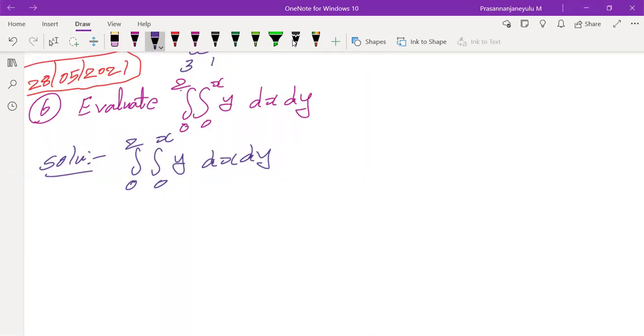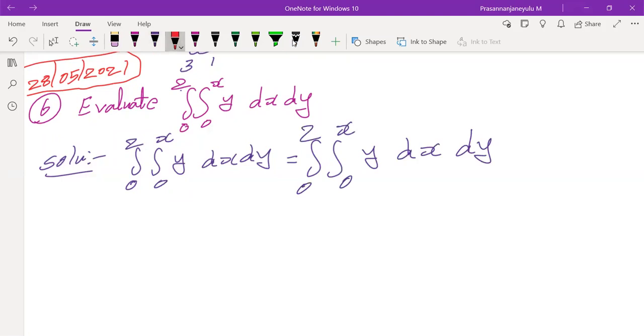Then we have to treat these as the limits of which variable? Y variable. So double integration of y into dx into dy. The interior limits are varying from 0 to x and the exterior integration limits are varying from 0 to 2. Again, on the interior integration the limits are 0 to x.